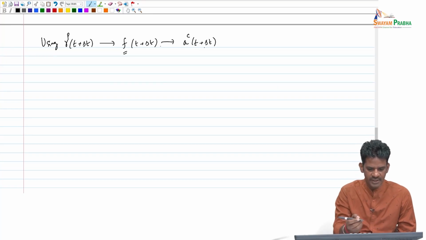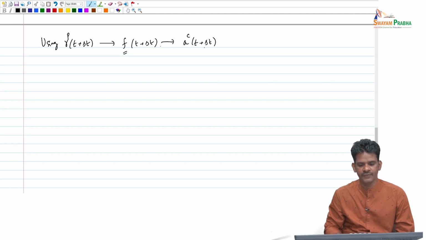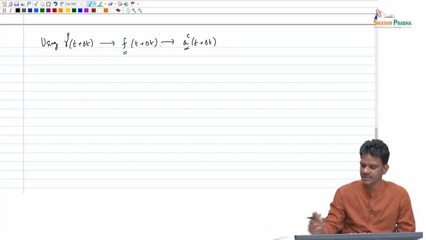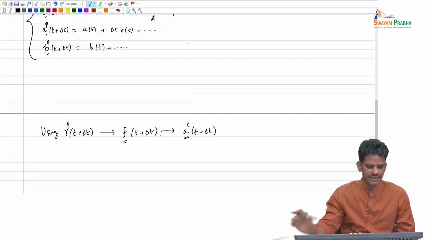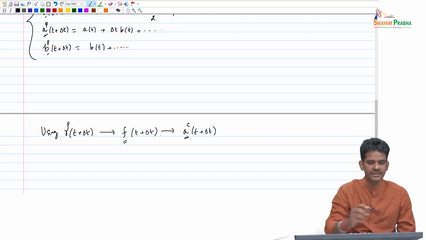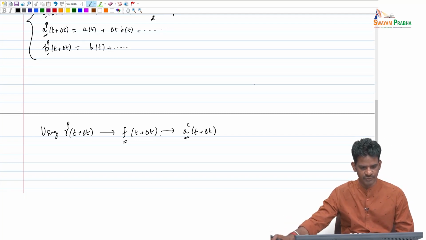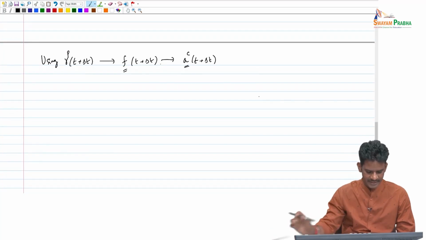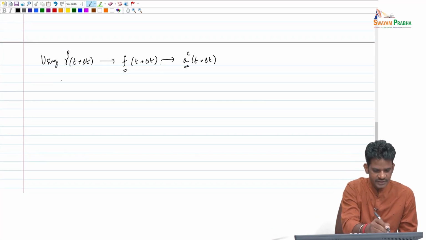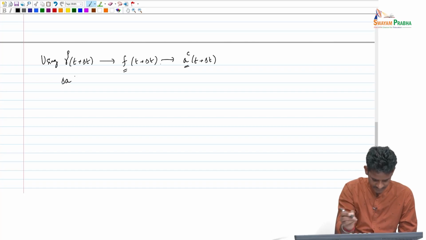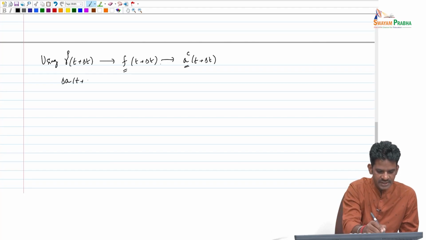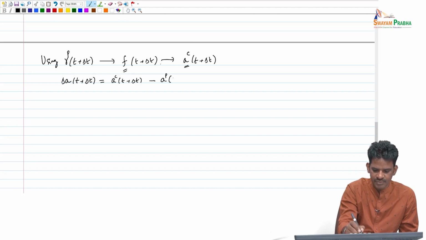Now there is going to be a difference between the correct acceleration and the acceleration that we just predicted using the current values of the positions. So let us write the difference in the acceleration, delta A at t plus delta t, as the difference between the corrected acceleration minus the acceleration that was predicted at time t plus delta t.